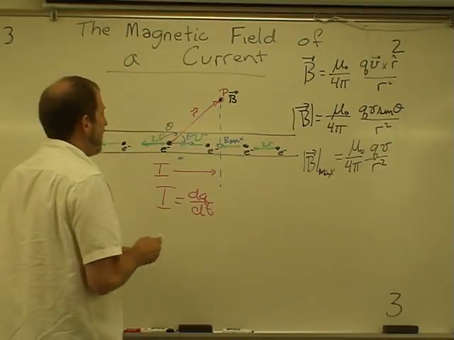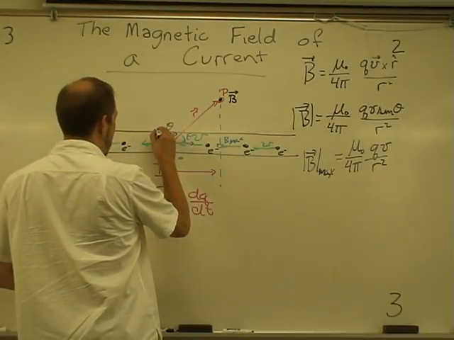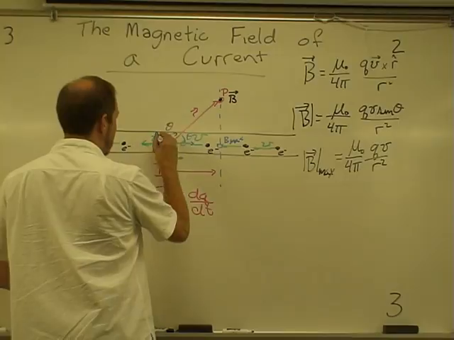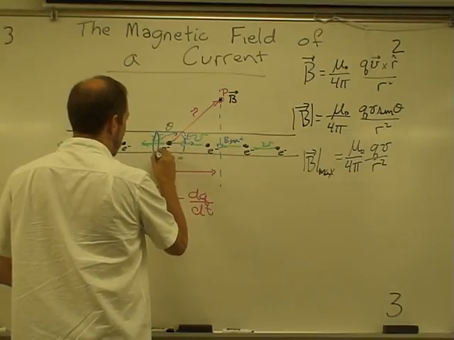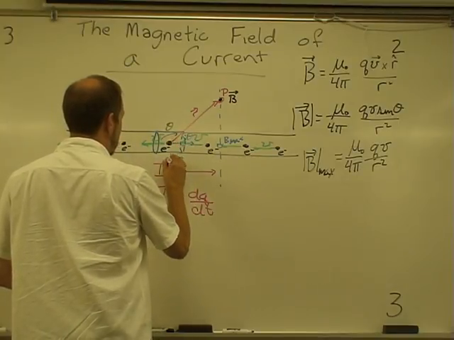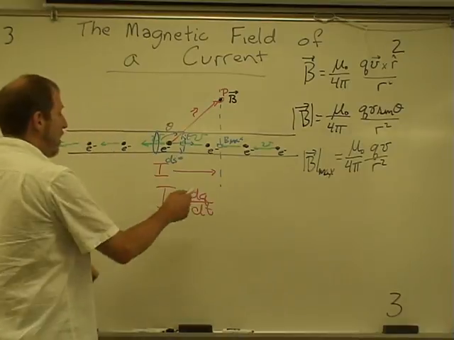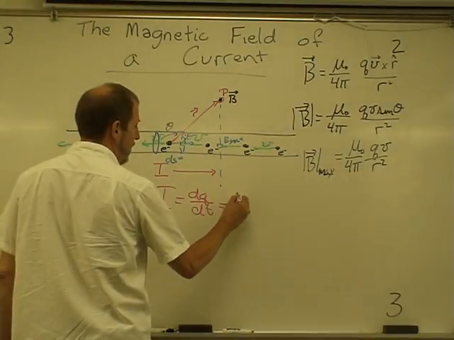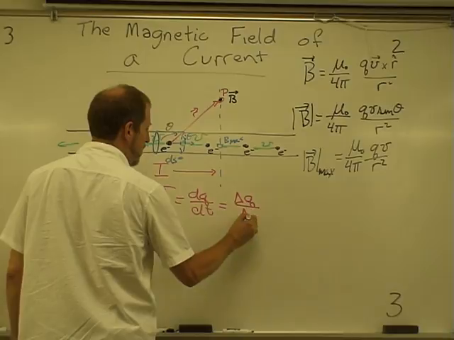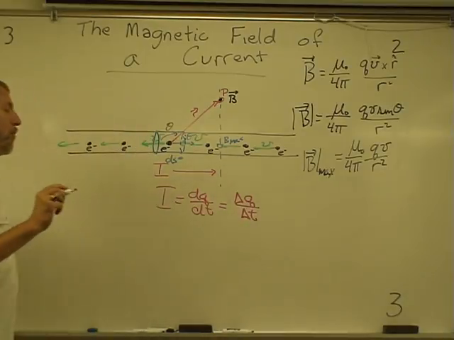Well, if I take and define some differential piece of the wire, some delta S of the current, then I can define that current by, I can say, okay, well, what is the current? The current is the change in charge over the change in time.